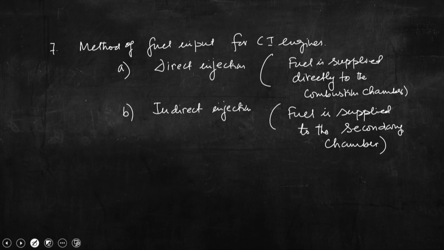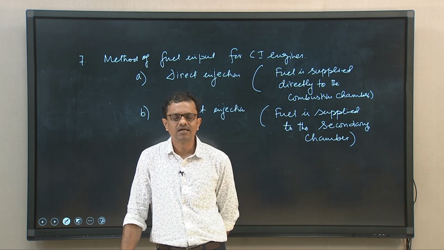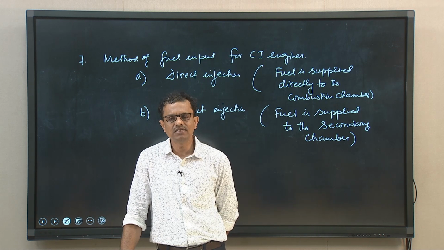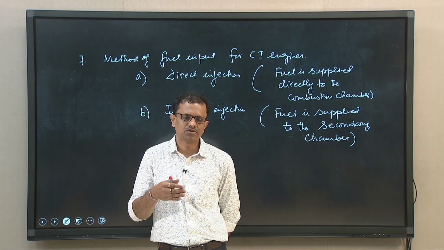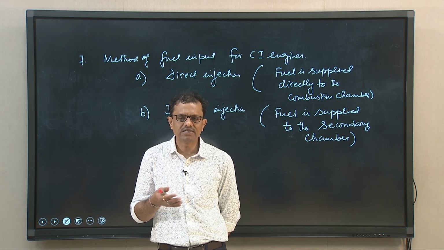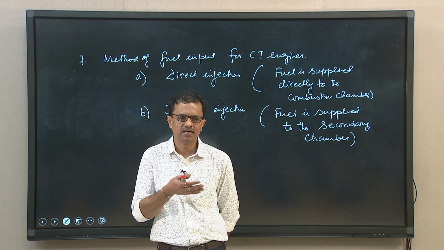So, this is indirect type. Again I am telling this type is applicable for CI engines, compression ignition engines, because we all know by this time that in a spark ignition engine fuel is supplied into the engine cylinder through the carburetor, a special device wherein fuel is allowed to mix with the incoming air.